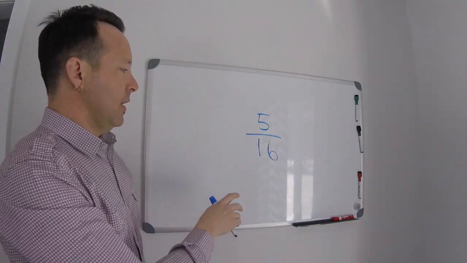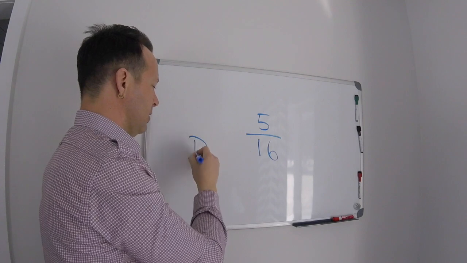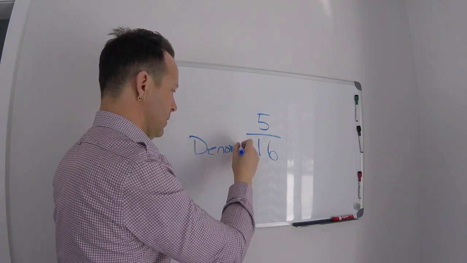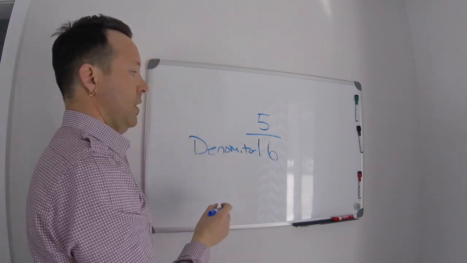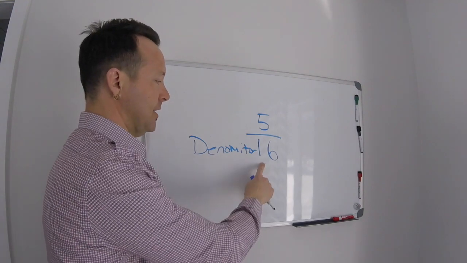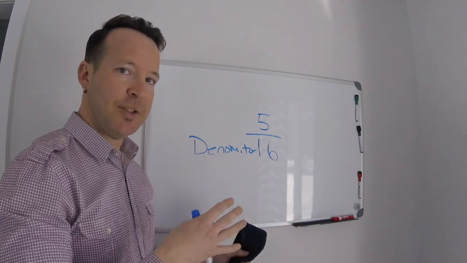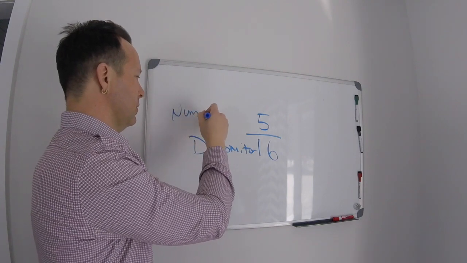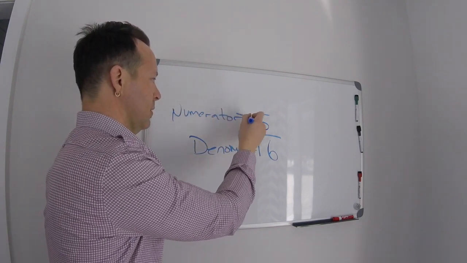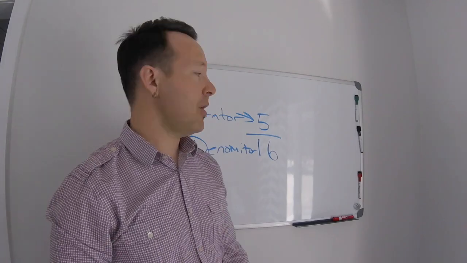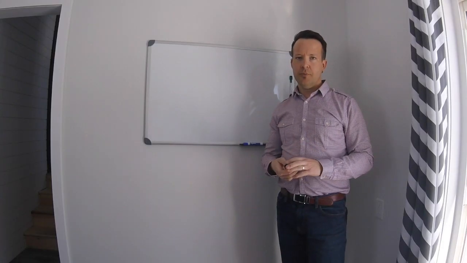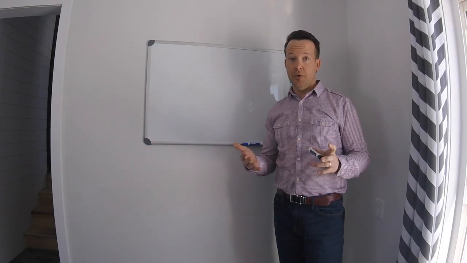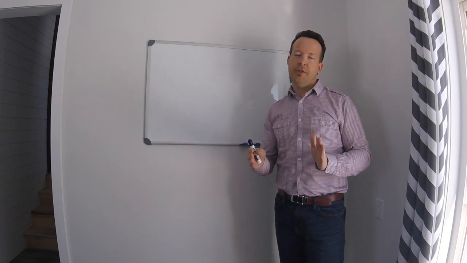So the denominator for our classroom is 16, because that's how many students there are, and that's what we're dividing it into. The students in the front row is the numerator. 5 of you sit in the front row. Each of you is an equal member.